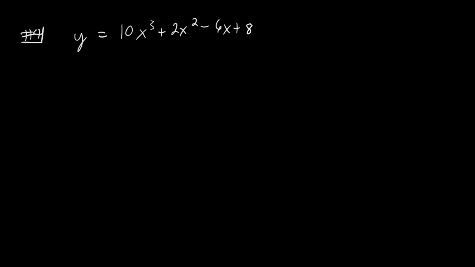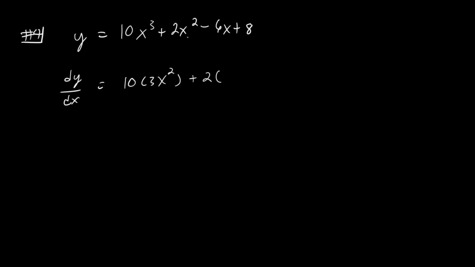Number 4, we have y is equals to 10x cubed plus 2x squared minus 6x plus 8. Let's derive them term by term. Therefore, dy over dx is equals to 10 times the derivative of x cubed, which is 3x raised to 3 minus 1 is 2. So we have 3x squared, plus 2.